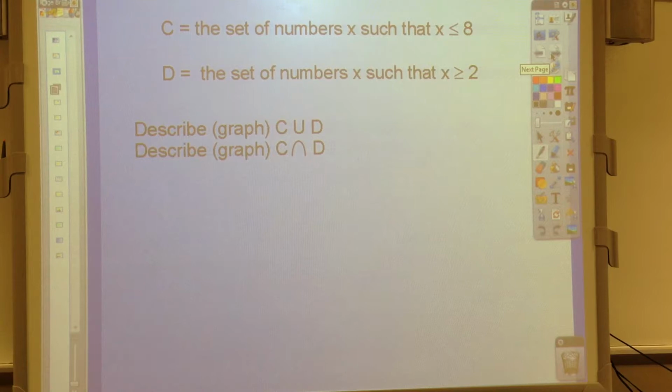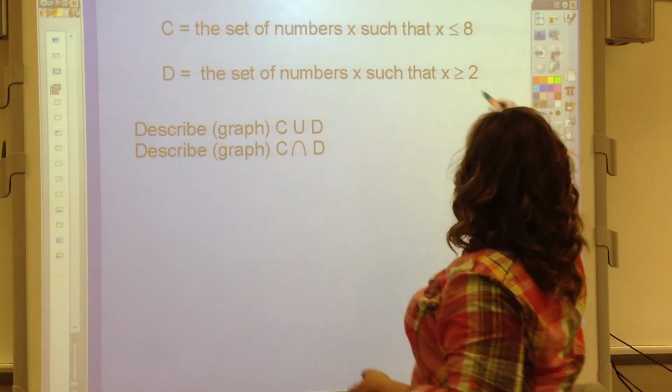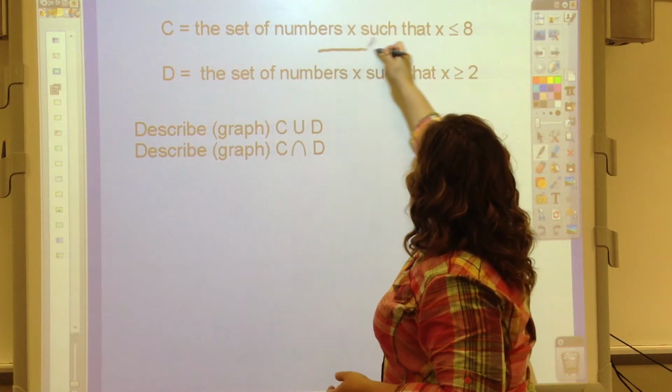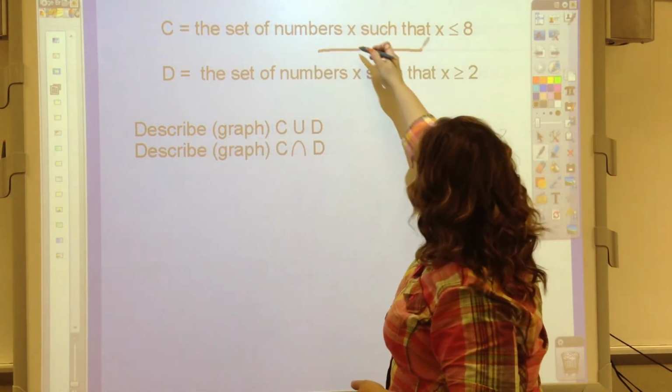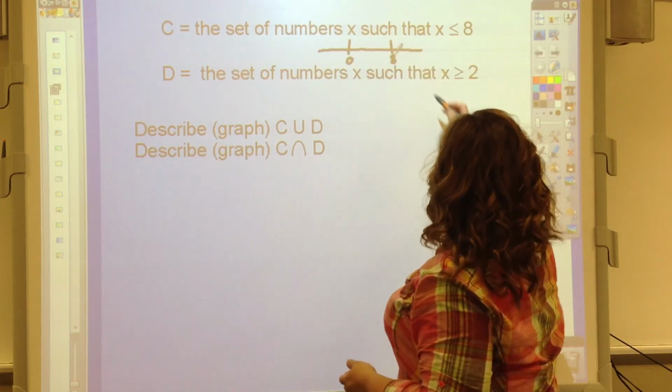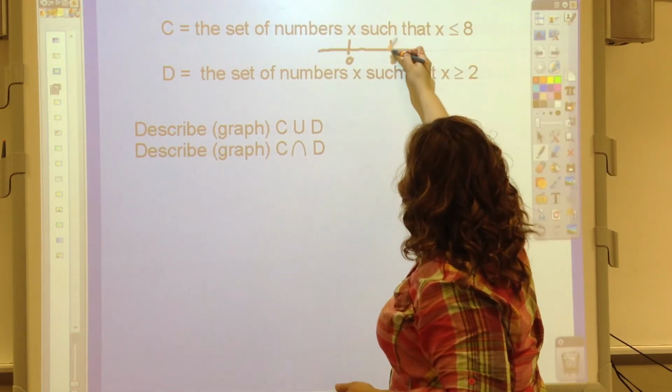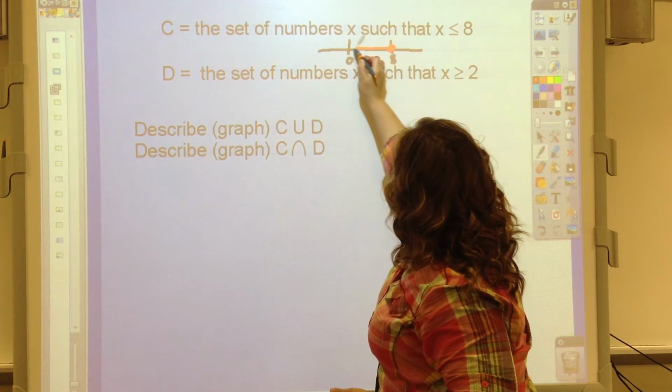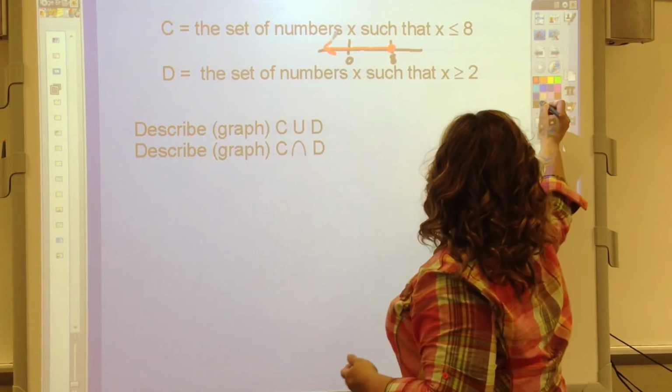All right, let's say C is the set of numbers such that x is less than or equal to 8. And D is the set of numbers x such that x is greater than or equal to 2. First, we're going to describe each of these in a graph. If I graph x is less than or equal to 8, here's 0, here's 8, it's equal to it, so I have a solid dot, and it's everything less than it.